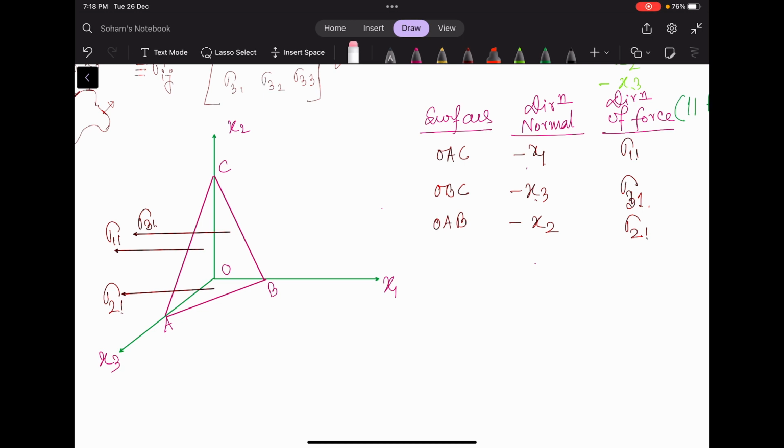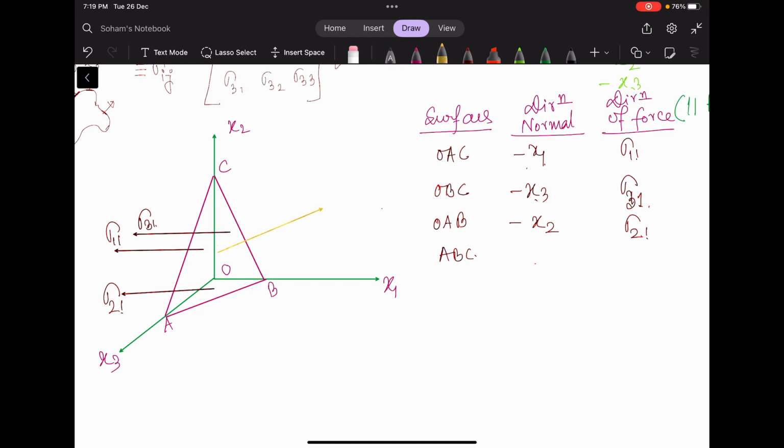If we project the area ABC in the x1 direction, then the outward normal will be in the positive x1 direction. The actual outward normal is something in this direction, maybe.